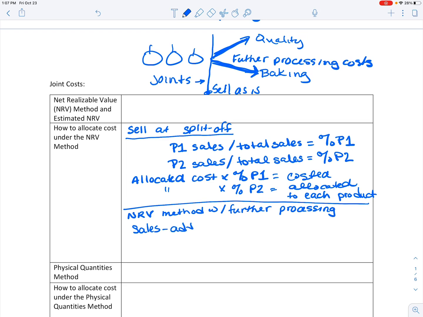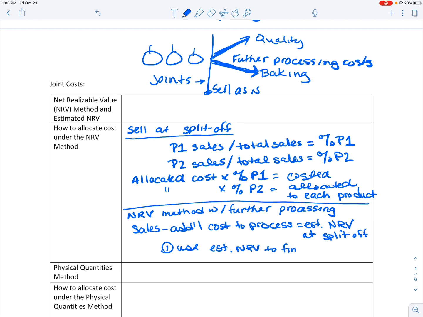We want to subtract out those additional costs to process further to get our estimated net realizable value at split off. And then this is the amounts that we're going to find the percentage. So use that estimated net realizable value to find the percentage, just like we did above here, and then go ahead and allocate those costs.